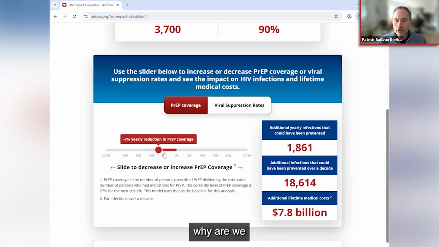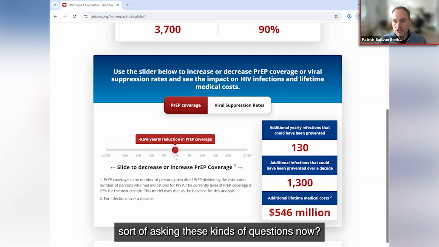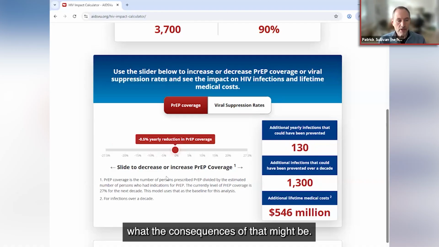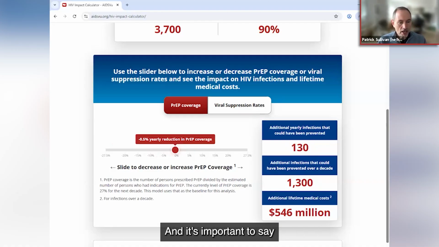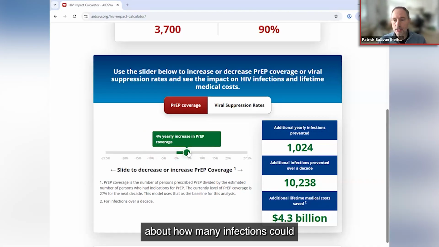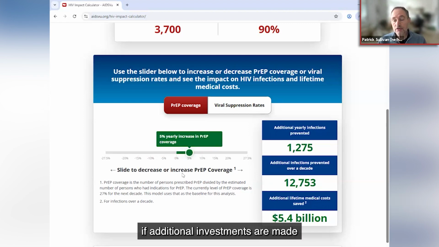And why are we asking these kinds of questions now? Whenever there's a discussion about health policy and funding for HIV prevention, we really have to ask what the consequences of that might be. And it's important to say that we also should think about what's possible, meaning we also should be asking questions about how many infections could we prevent if additional investments are made in PrEP coverage.